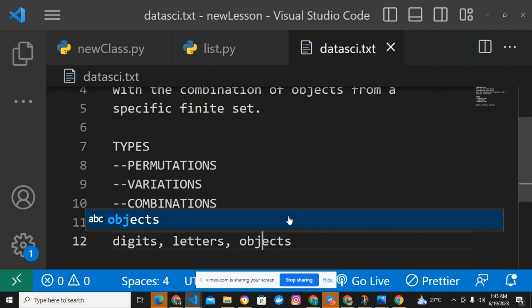It can be anything. You understand? These are the permutations we are referring to.